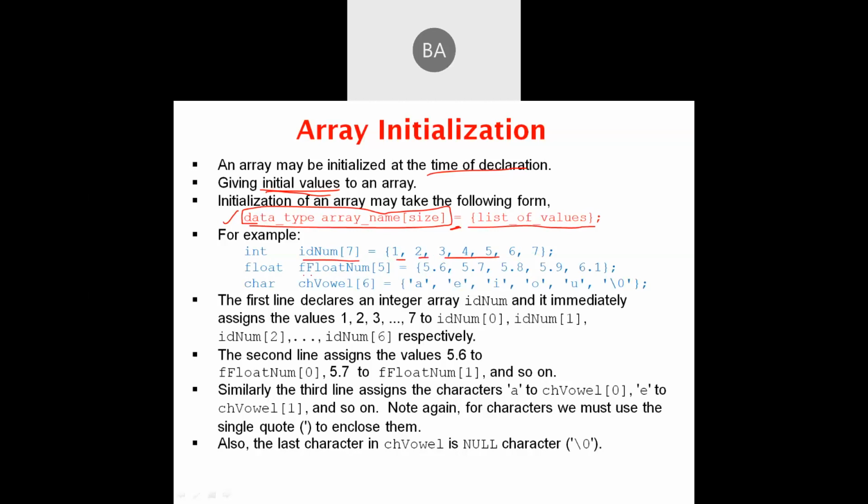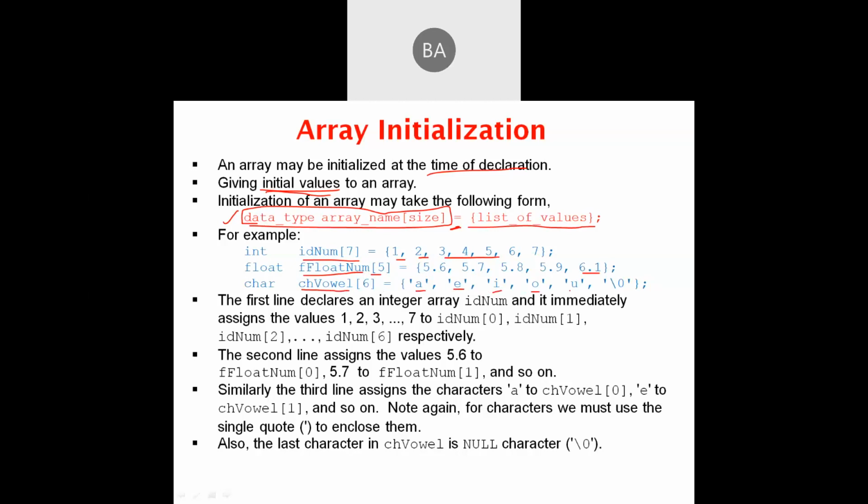Similarly, this is a float array, which we initialize with 5.6, 5.7, 5.8, 5.9 and 6.1. Five float values we are initializing. And this is a character array, CHOL, which is initialized character by character. Each individual character has to be enclosed in single quotes, which you have to keep in mind.